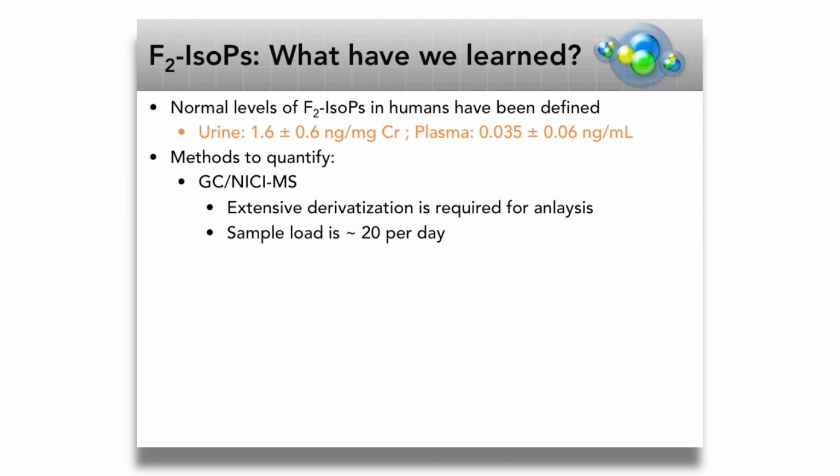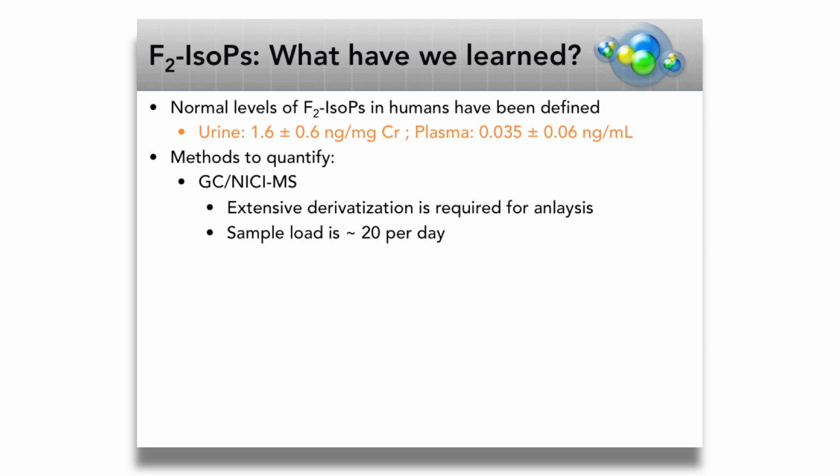One of the most popular methods to quantify them is GCMS with negative ion chemical ionization. GCMS is still popular today because of the sensitivity that it allows. With the sensitivity, you're able to quantify F2 isoprostanes in plasma. It's important to note that these compounds are present in plasma only at levels of 35 picograms per milliliter.